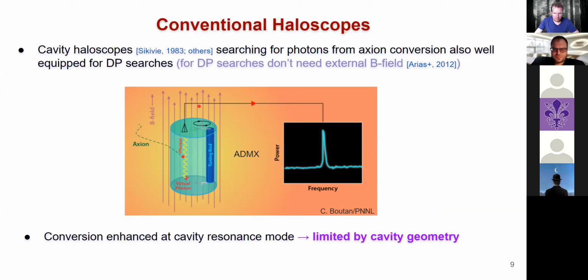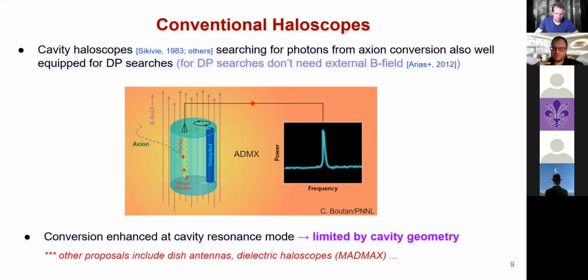But this is limited by the cavity geometry, so the parameter space that you can probe with these experiments is somewhat limited. For example, you cannot make the cavity infinitely small, of course.